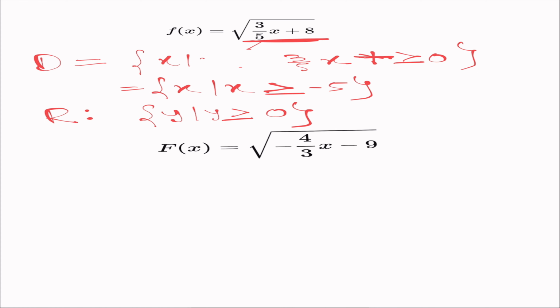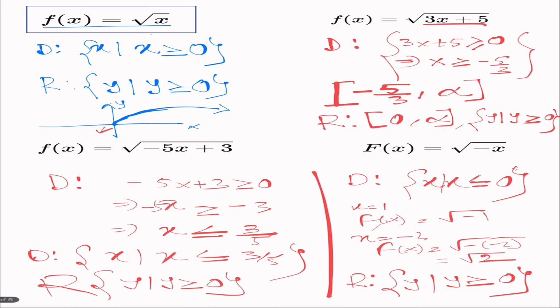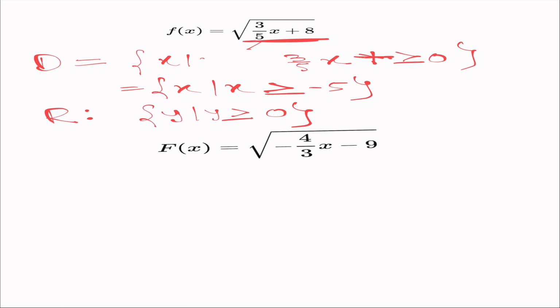Okay, so now let's do this one again. I just want to make a point: since the coefficient is negative, it's going to change the sign. That means the domain will be less than whatever we are left with, right? So let's do it. We can just write on x and solve that. Negative 4/3 x plus 9 is equal to or more than 0.